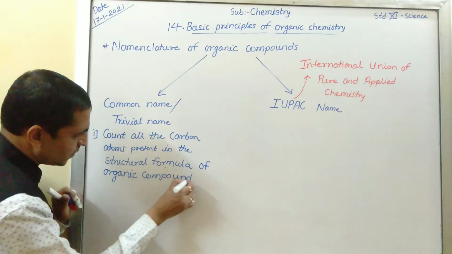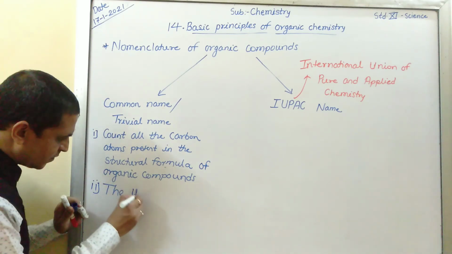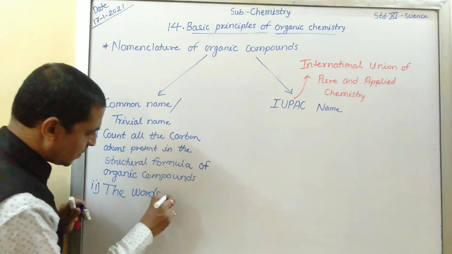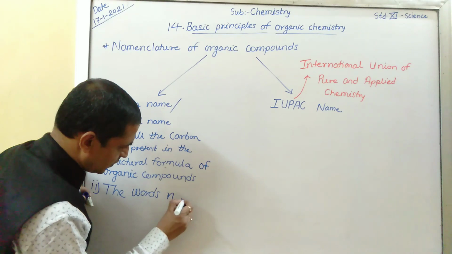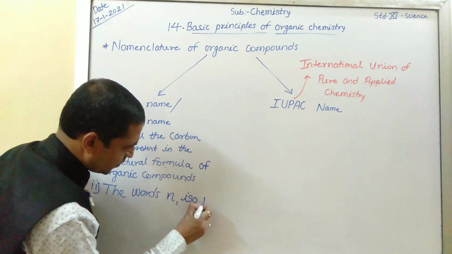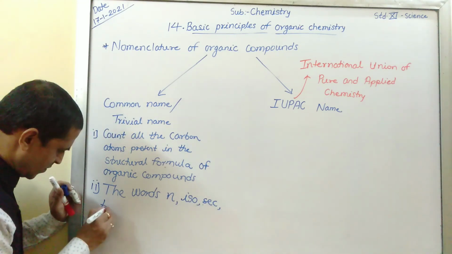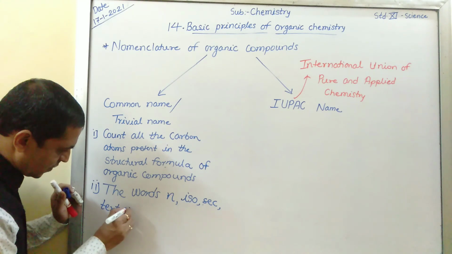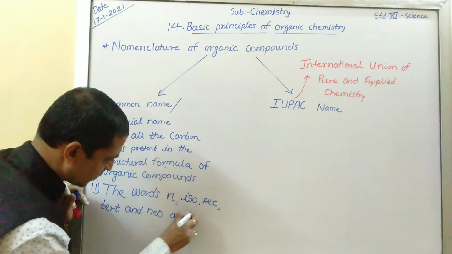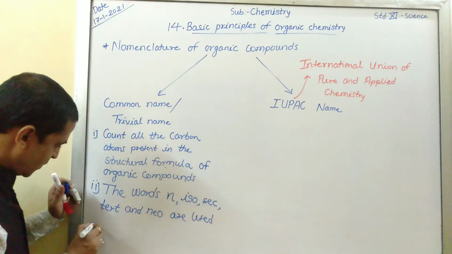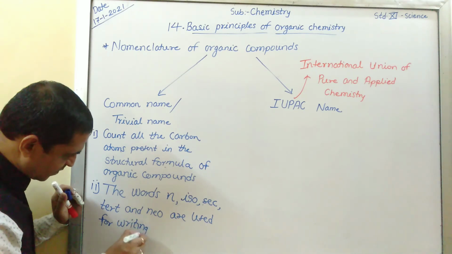This is the first point for writing. Second point, the words N for normal, iso, sec means secondary, tert means tertiary, and neo are used for writing common name.